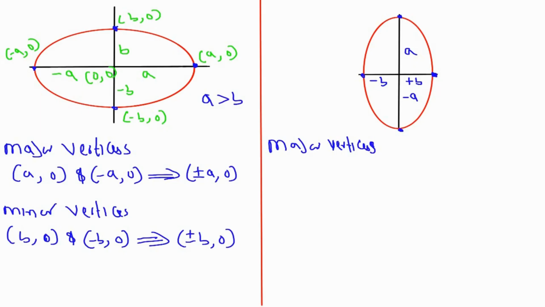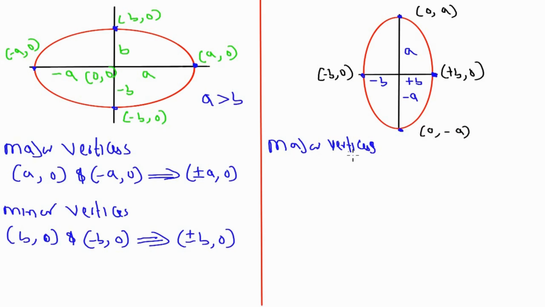Now, since the center of this ellipse is also at the origin, 0, 0, its coordinates along the left-hand side for the negative x-axis will be negative b, 0, and for this one, positive b, 0. Now, for the major vertices, that's going to be 0, a, and 0, minus a.